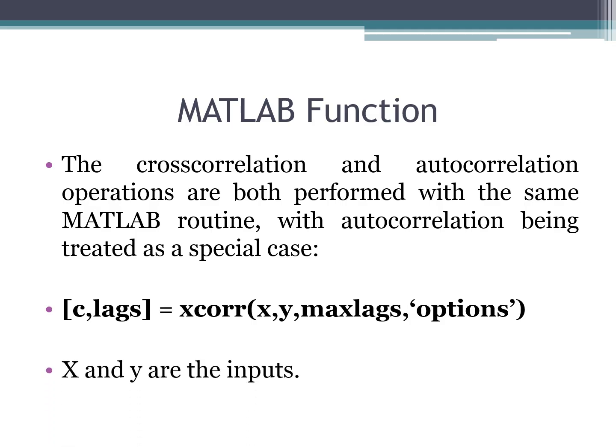X and Y are the inputs. If you specify X and Y, then it will perform cross correlation. If the Y variable is not specified, then it will perform autocorrelation. Here you can see maxlag and options, which are optional arguments. I will describe them in the coming slides. Here C and lags are the output arguments.